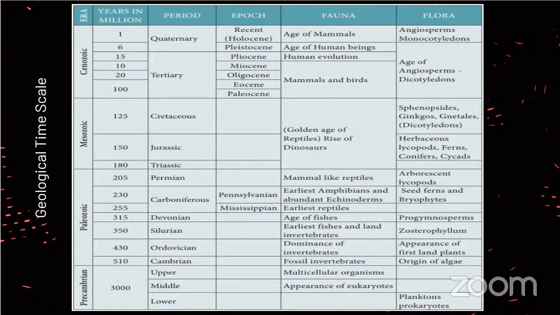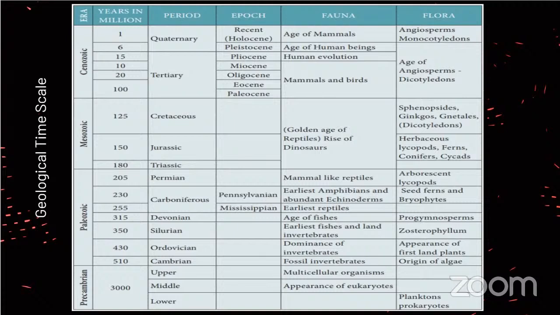After Precambrian and Paleozoic, we find the Mesozoic era, which starts about 180 million years ago to 125, and it is divided into Triassic, Jurassic, and Cretaceous. This is also called the golden age of reptiles.